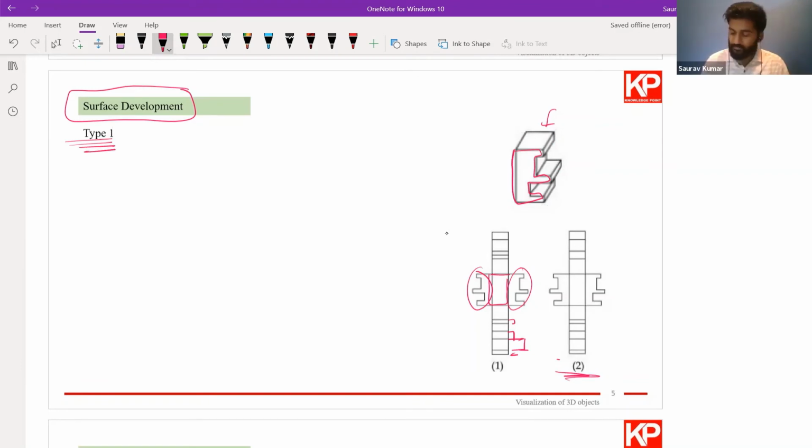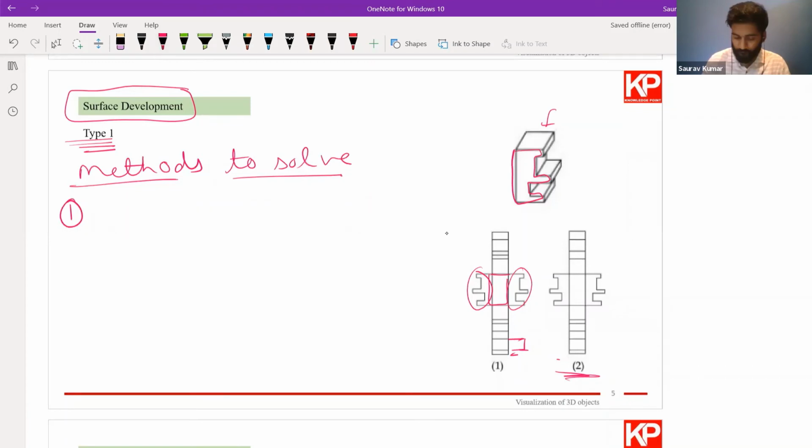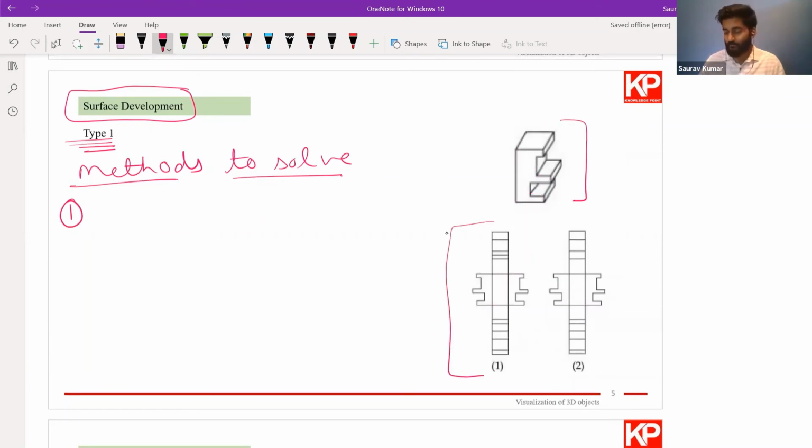So if we look at this type 1 and we want to know the methods to solve, the first rule that we need to keep in mind is, in the question figure and in the correct option, all the dimensions will be equal. If this element is only this much of height, then in the option the element would be the same height.